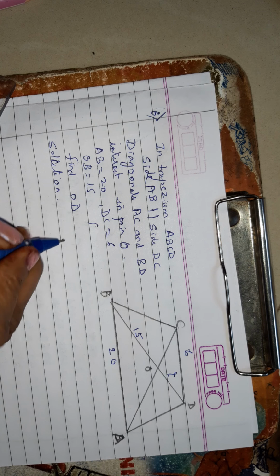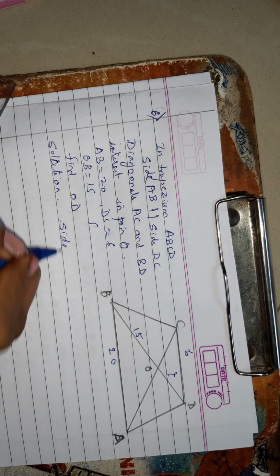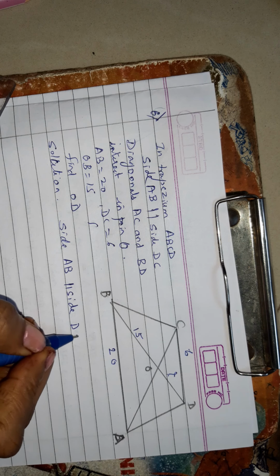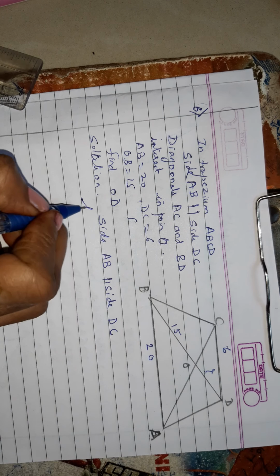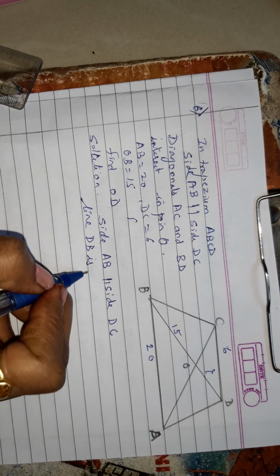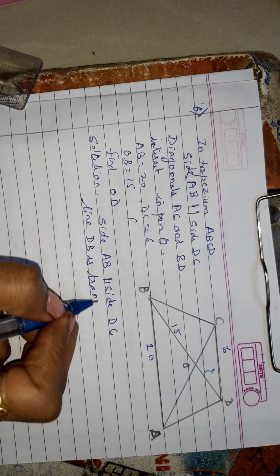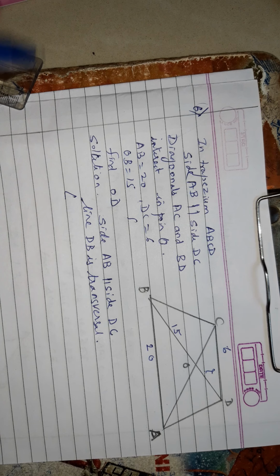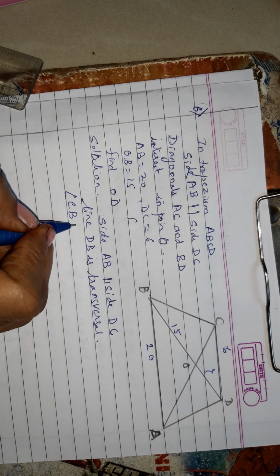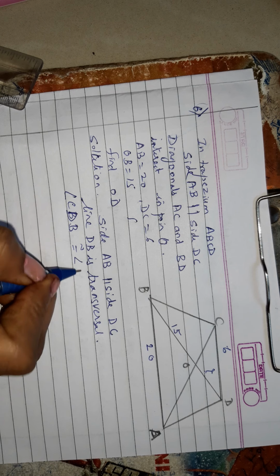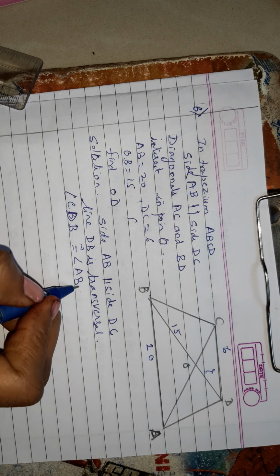Already two lines are given to you, they are parallel. Side AB parallel to side DC, line DB is transversal. Now on this transversal, which angles are we getting? Angle CDB is congruent to angle ABD.